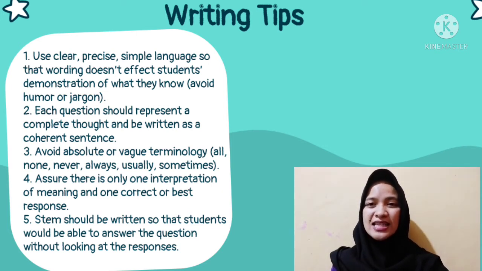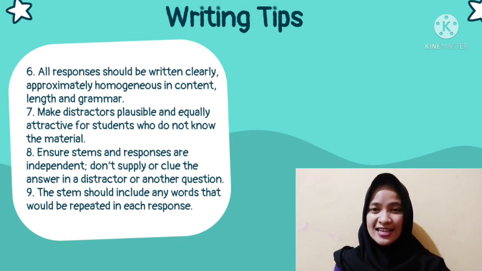The fifth is that the stem should be written so that students would be able to answer the question without looking at the responses. The sixth is that all responses should be written clearly, approximately homogeneous in content, length, and grammar.